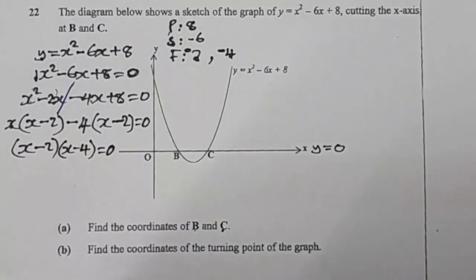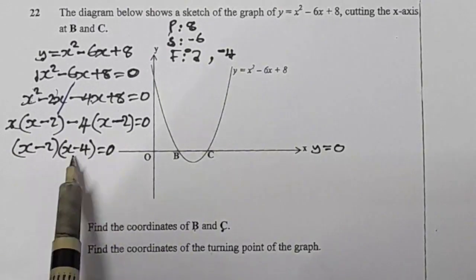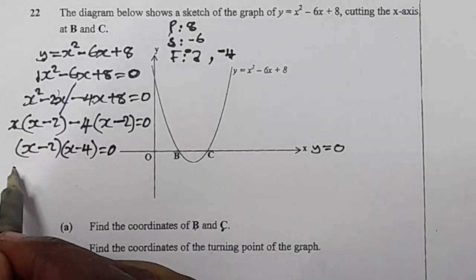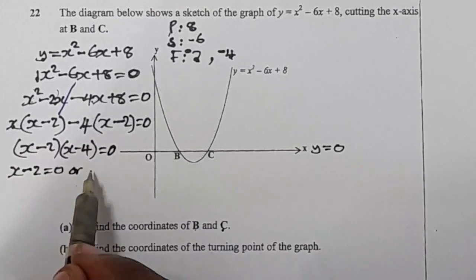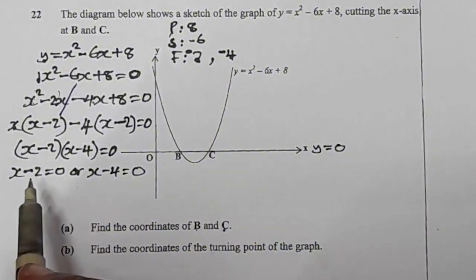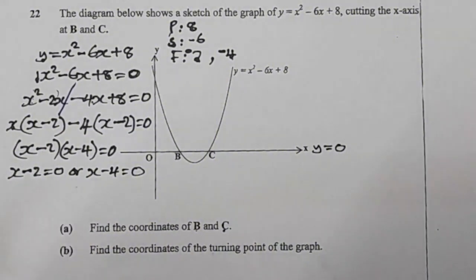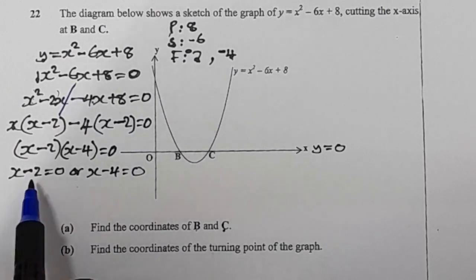Okay, so when you reach at this stage, it's either this is equal to that or this is equal to that. So we have x minus 2 is equal to 0, or x minus 4 is equal to 0. Okay, so when you are solving, remember we are solving for x. We want to find the values of x.